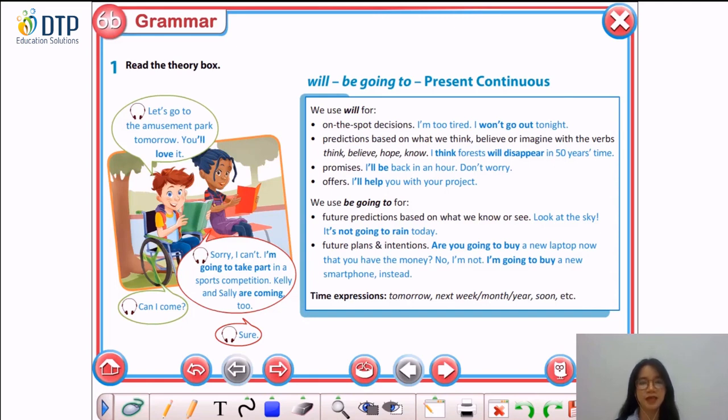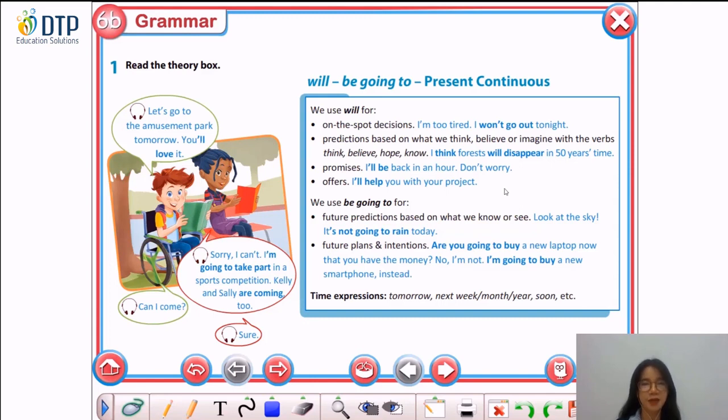Khác với will, những hành động trong tương lai sử dụng cấu trúc be going to thường sẽ mang tính chắc chắn hơn. Chúng ta sẽ sử dụng be going to để diễn tả những dự đoán về tương lai dựa trên những gì mà chúng ta có thể quan sát được hoặc biết được.